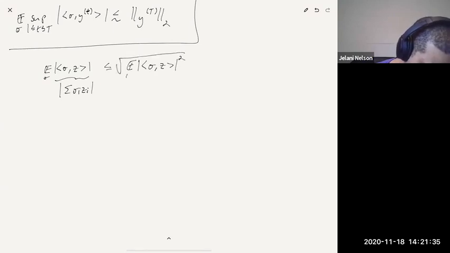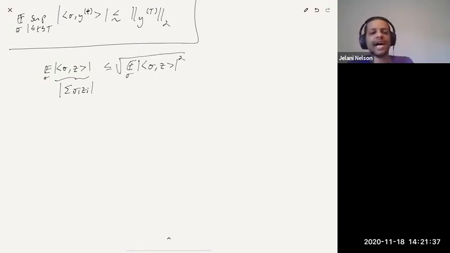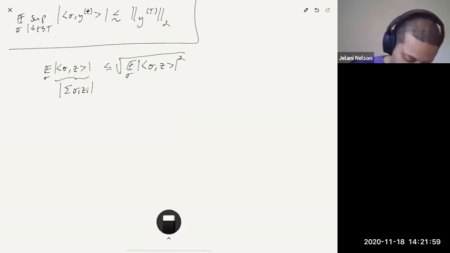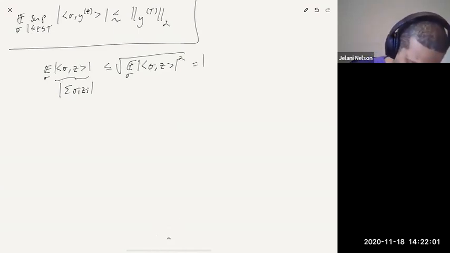And if you do that, you basically have the sum over all i, j of z_i z_j sigma_i sigma_j. Again, for the off-diagonal terms, the expectation of sigma_i times the expectation of sigma_j is 0. The only thing that survives are the diagonal terms, and you're left with the sum over i of z_i squared, and then you have a square root. So this is just equal to the L2 norm of z.